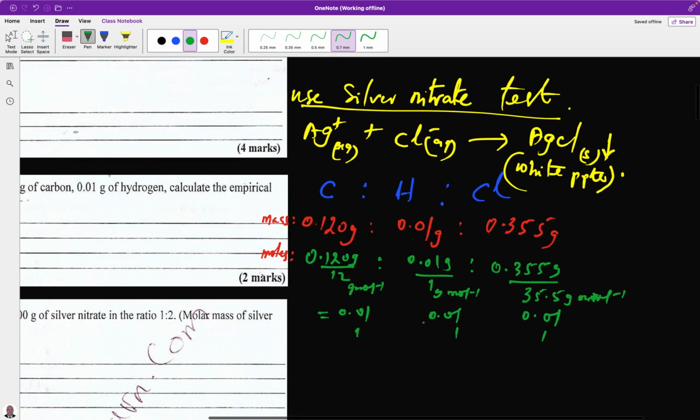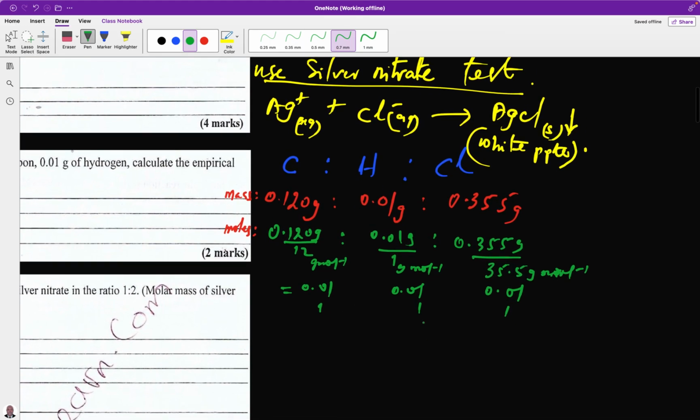This makes our empirical formula what? Our empirical formula will have carbon, hydrogen, and chlorine.